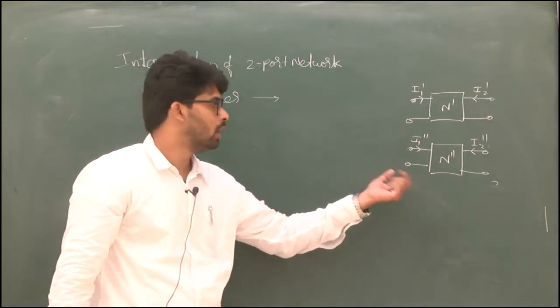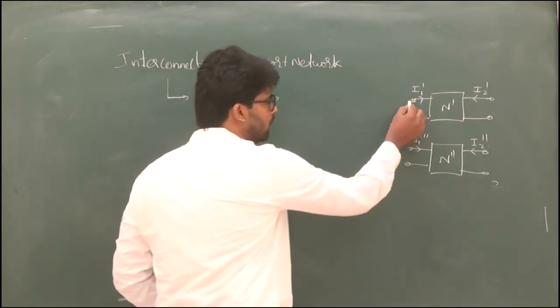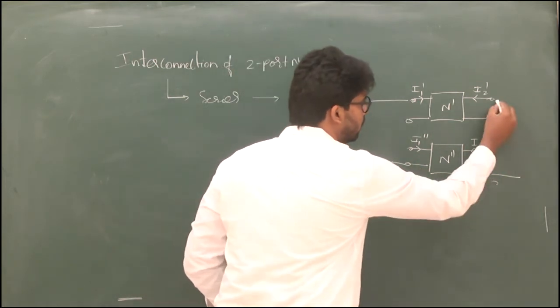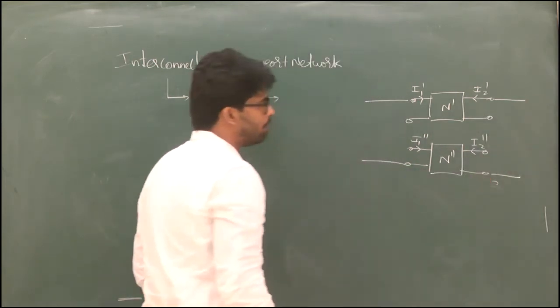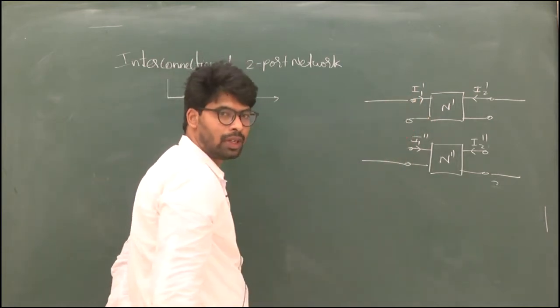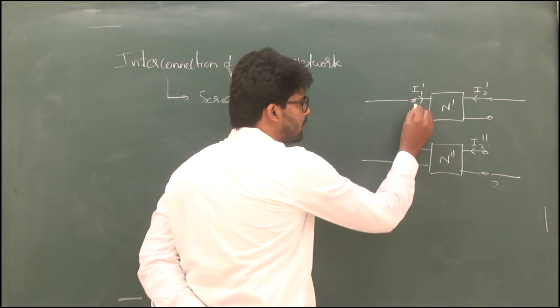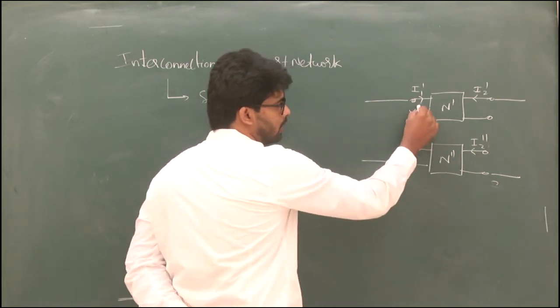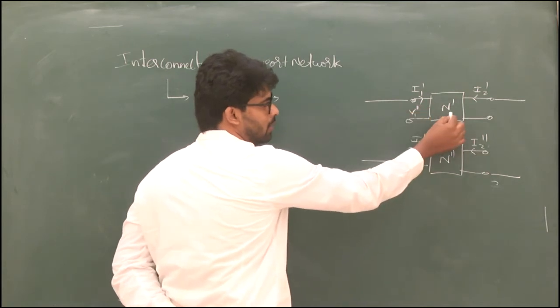That's the issue. Here the connection of these two networks will be in such a manner that it should be series. And one more thing, the input voltage which I am taking for the network N1 is, let us say, V1 dash. The suffix dash means network 1.